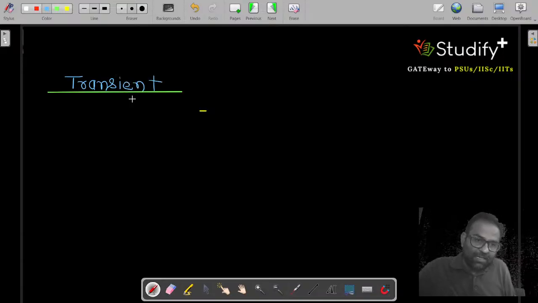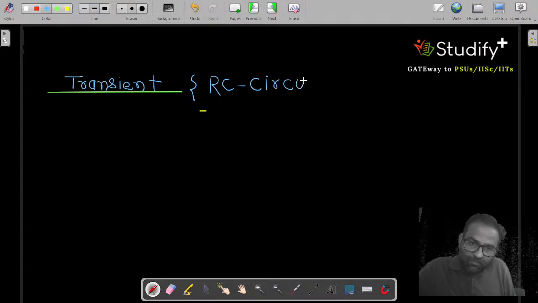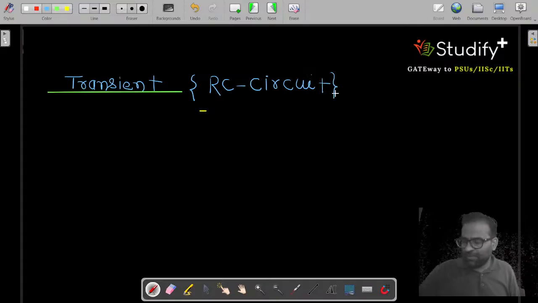We will analyze transient for RC circuit. So how can we analyze one RC circuit?